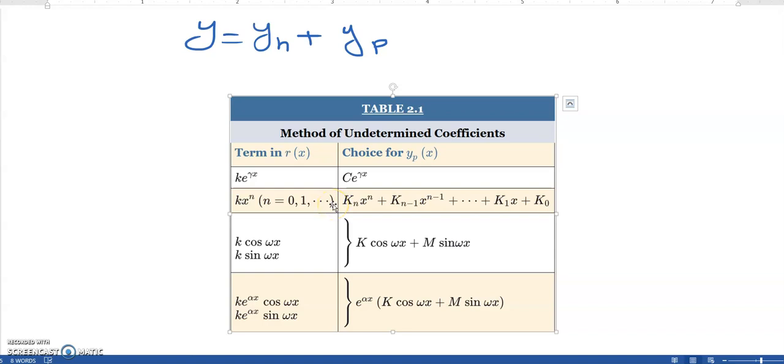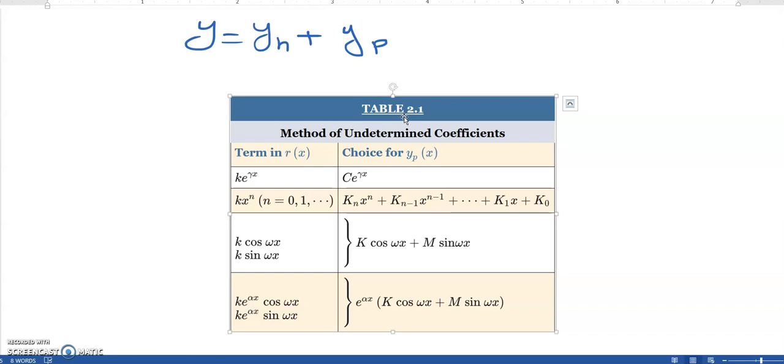In order to find this yp, we use a method called the method of undetermined coefficients, which is quite straightforward and intuitive. It will be best if I explain it when I do the example.